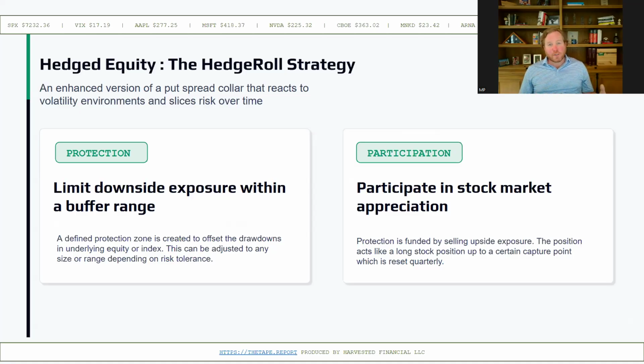So nothing's free. There is no free lunch out there. Options are really about risk transfer, specifically for these overlay strategies. And we want to think about using the option structure not to generate money out of nowhere, but to alter the risk profile of that underlying.